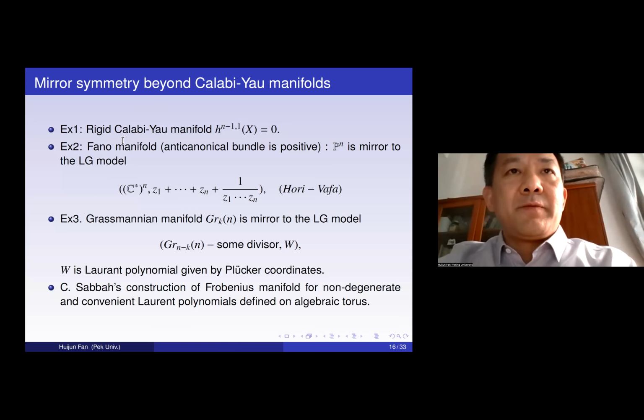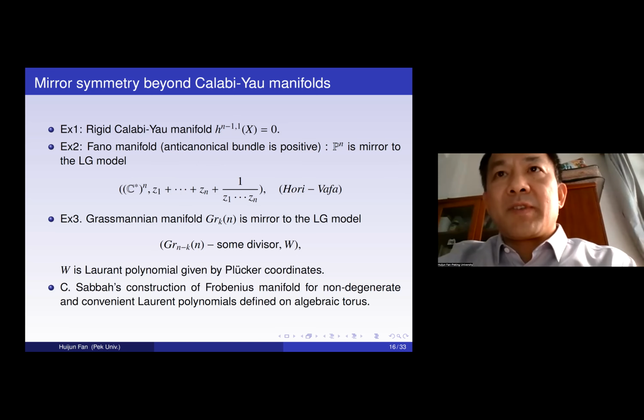That means if there exists a mirror symmetry for a rigid Calabi-Yau manifold, then the corresponding mirror object should not be Calabi-Yau. For the second example, we can consider the Fano manifold. Fano manifold means the anti-canonical bundle is positive. For example, P^n is a famous example.